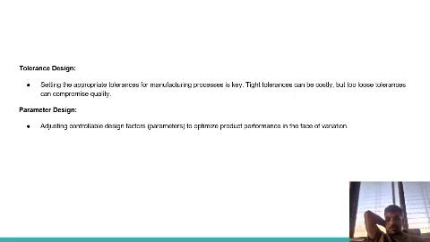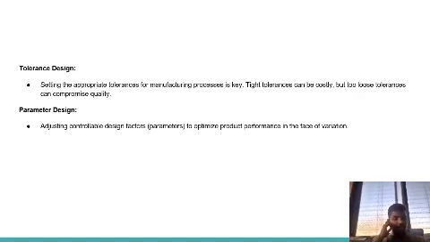Loose tolerances can reduce manufacturing precision. Robust design finds the optimal balance. Parameter design: adjusting controllable design factors to optimize product performance in the face of variations.